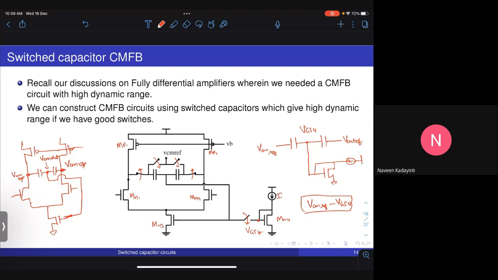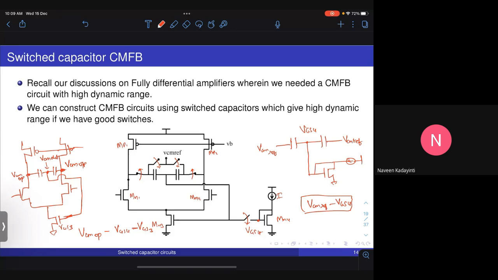Okay. And what will be the voltage across the capacitance? Initially, it was VCM ref minus VGS4. Now it will be VCM of the output minus VGS4 minus VGS3. So whatever voltage that was there here is now connected to the tail transistor.